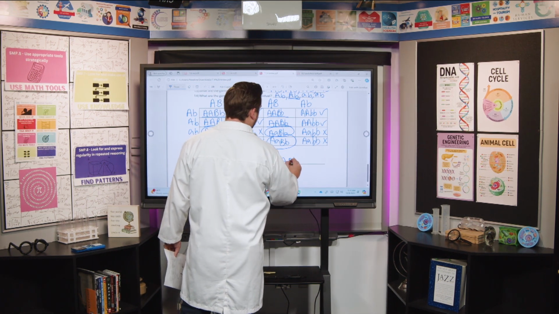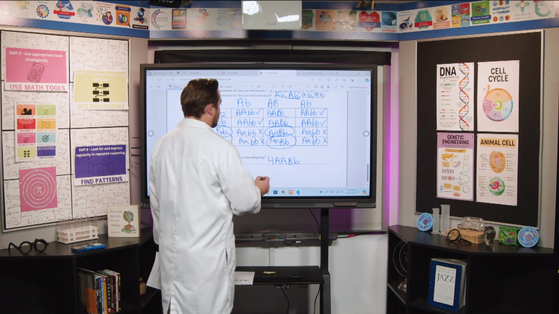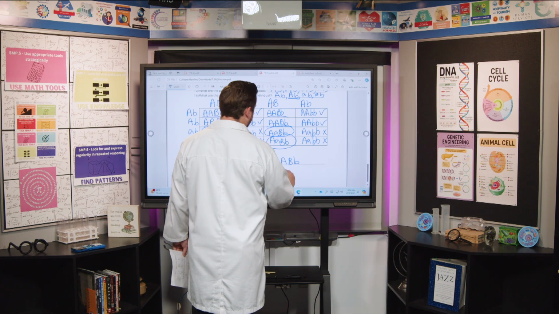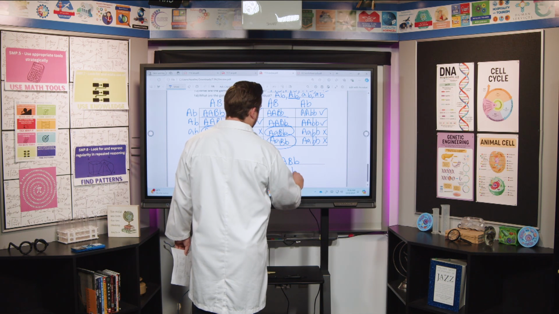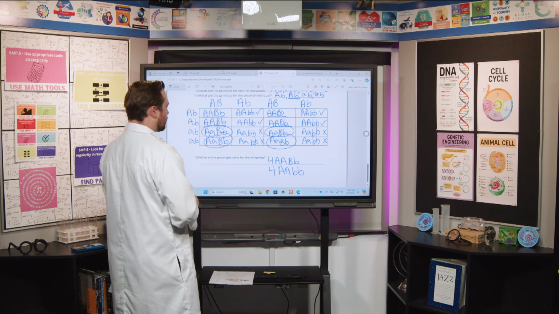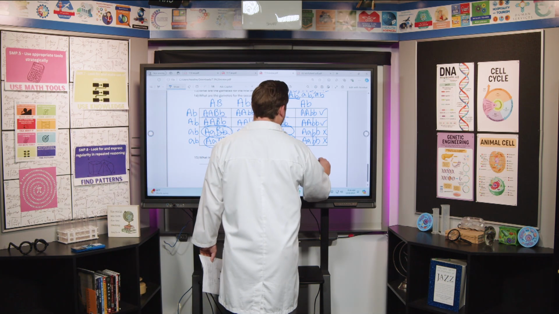Okay, what's the next combination we have? Let's look at all the ones that have check marks by them. So we have 4 that are like this. Okay, let's look at the ones that are circled. There are 4 that are like this.